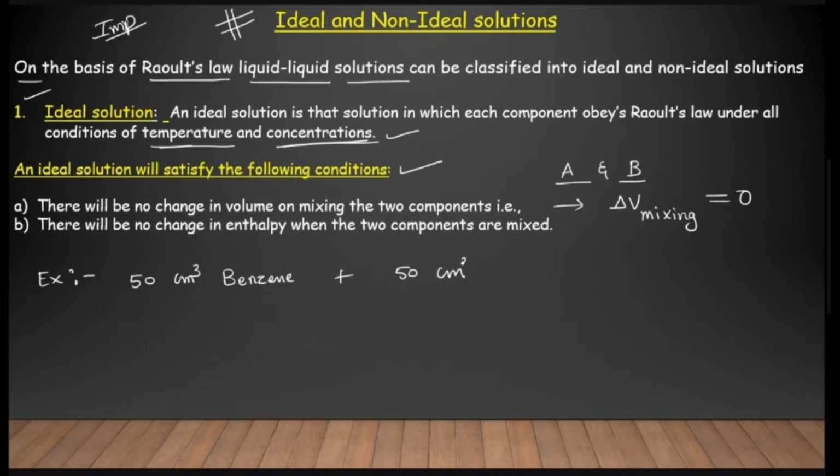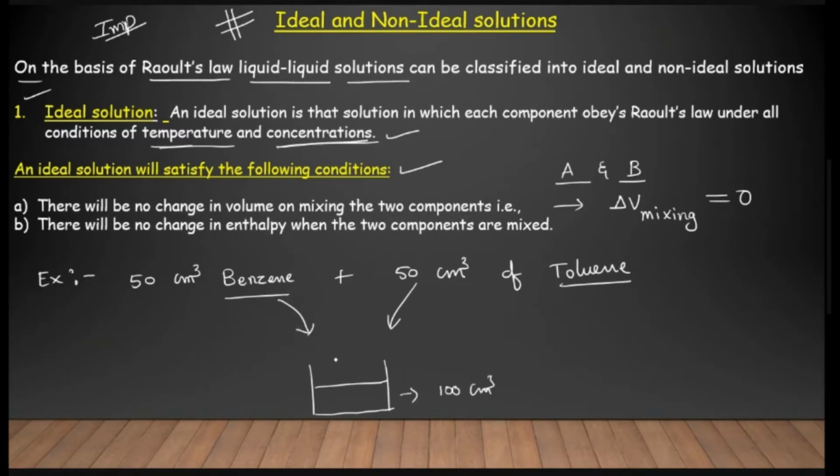When you mix both the components, that is benzene and toluene, it becomes a mixture of benzene and toluene. So 50 plus 50 becomes totally 100 cm cube.